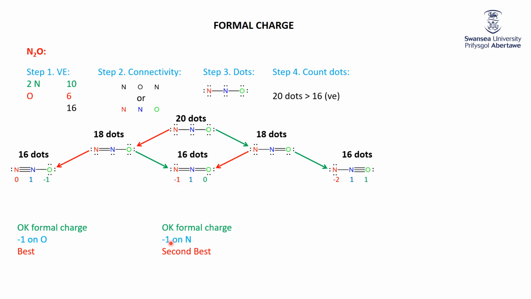So the argument would go that because oxygen is more electronegative than nitrogen, oxygen would rather have that negative one. So therefore this is the second best. But the argument is that N2O would be a mixture of both of these, a little bit more towards that one than this one.